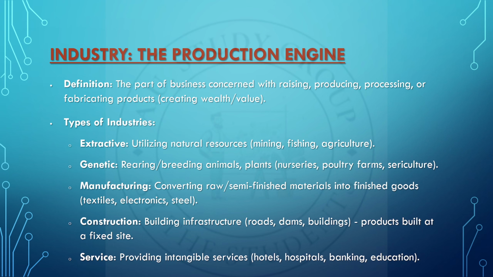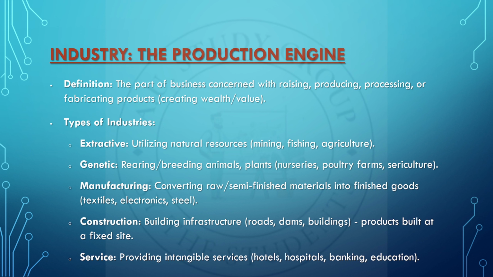First, we have industry. Let's try to understand industry first. This is all about the production side, which is raising, producing, processing, or fabricating products. It is where the value is created.